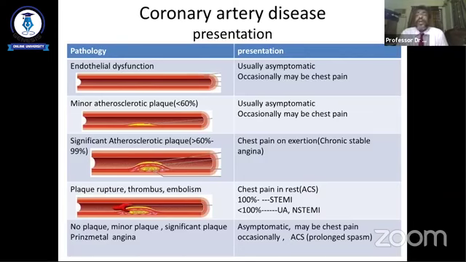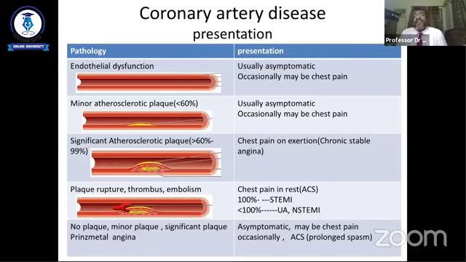Usually we give anticoagulants. These anticoagulants may be unfractionated heparin or low molecular weight heparin. In case of ST elevated MI, along with other standard medical therapy, we have two options. One is thrombolytics, and the other is primary PCI.